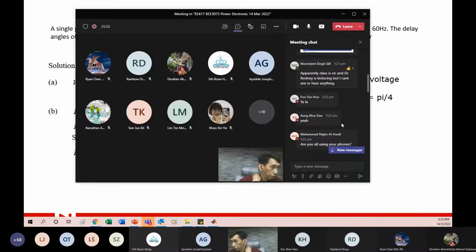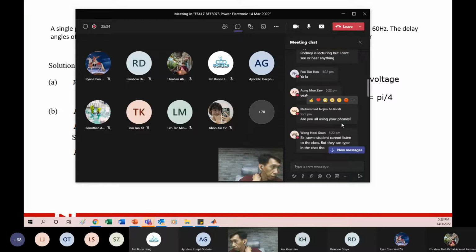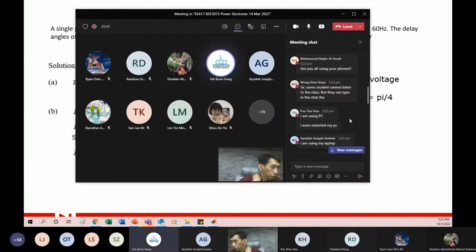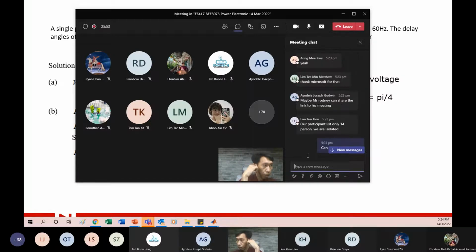Can you hear now or not? Some students cannot listen, but they can type. So maybe you can type in the chat, because they cannot access here. So whatever you say, they cannot hear. Oh. Maybe type in the chat.